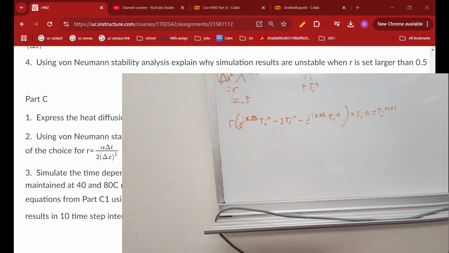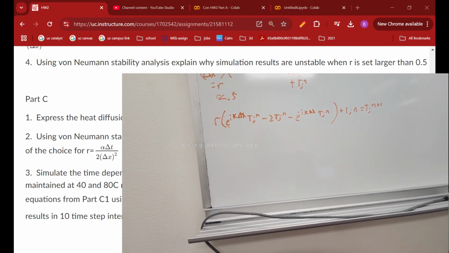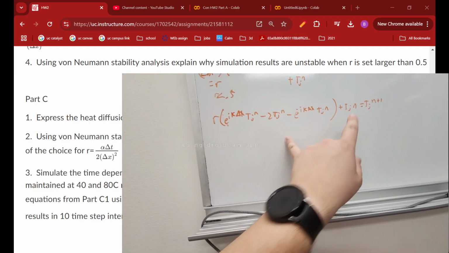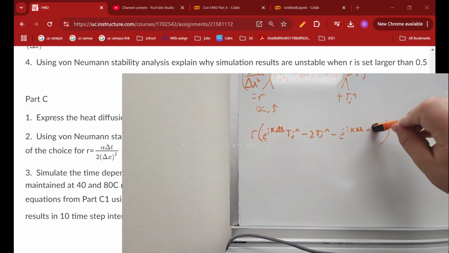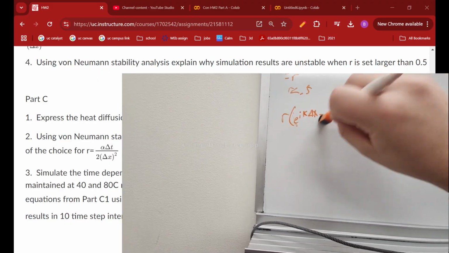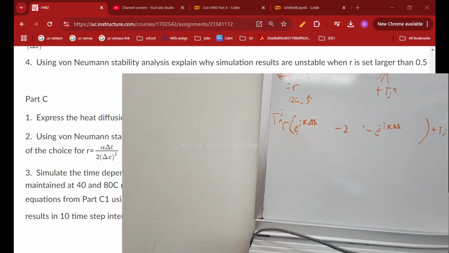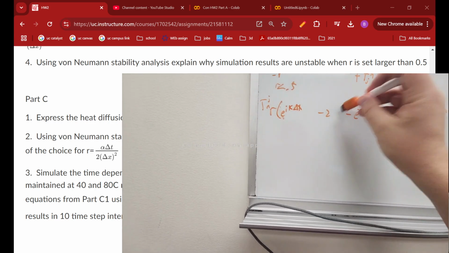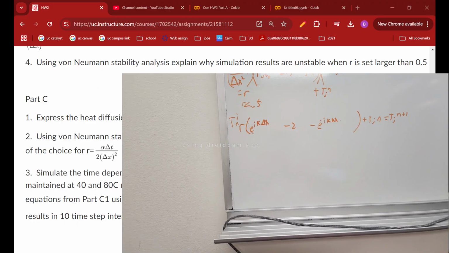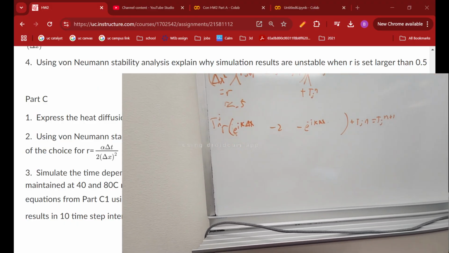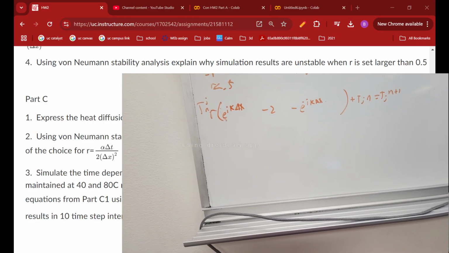And then we can pull the t j n out of here. So I'm just going to do that this way, and write it over here. Then we can pull the t j n out of both. But let's simplify.